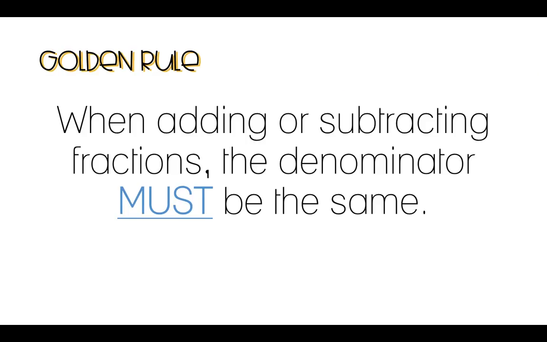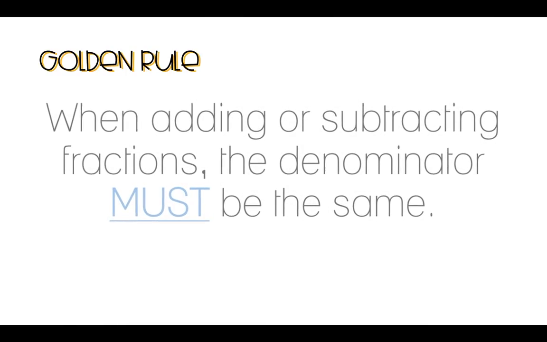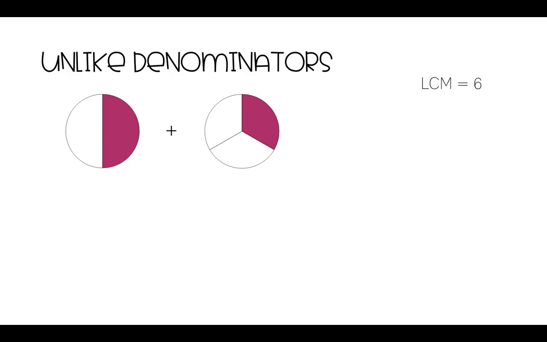Okay, so remembering our golden rule, when adding and subtracting fractions, the denominator must be the same. So let's look at changing these fractions so that they have a denominator of 6. And what we ask ourselves is, what do I need to multiply this denominator by? So 2, what do I multiply 2 by to make it equal 6? I multiply 2 by 3.